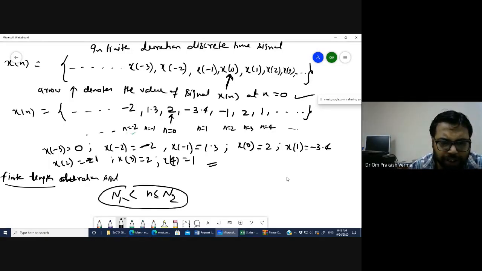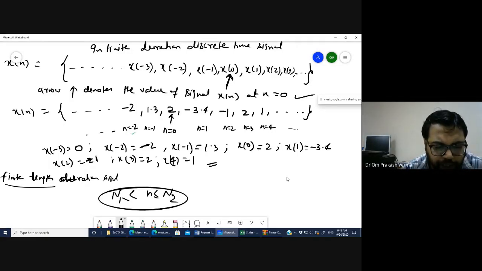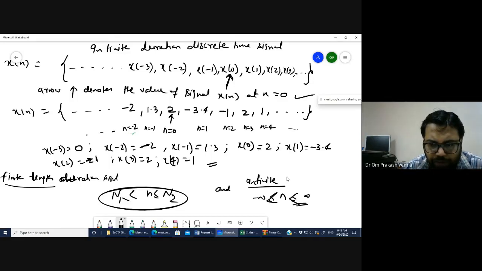So this sequence is limited between n1 and n2, right? However, the infinite duration signal extends from minus infinity to infinity, right?